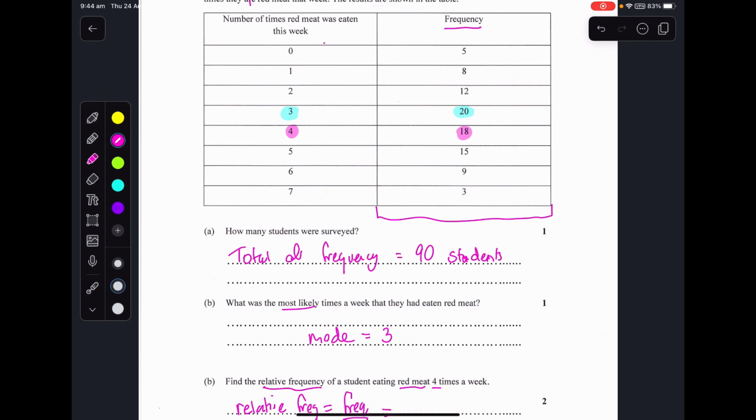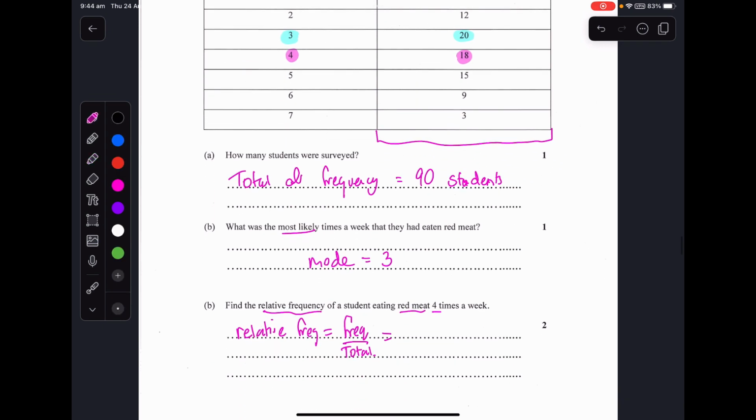There's 18. So there's 18 students that eat it 4 times a week out of a total of 90 students. Okay, don't forget, we always need to simplify, so we'd end up with 1 over 5. How do you simplify? Put it in your calculator and press equals. 18 over 90, press equals, you get 1 over 5, or you might even get a decimal, 0.2. Either one would be correct.